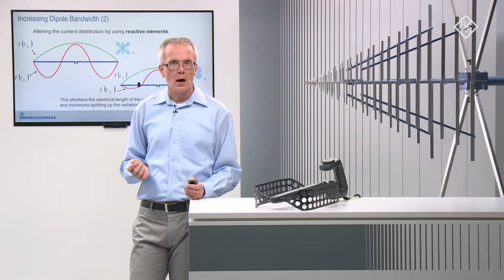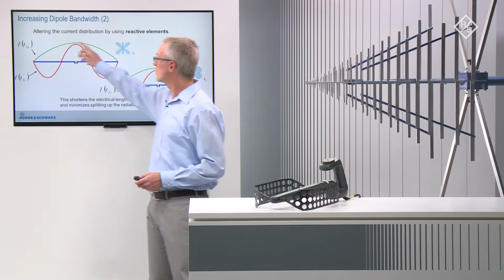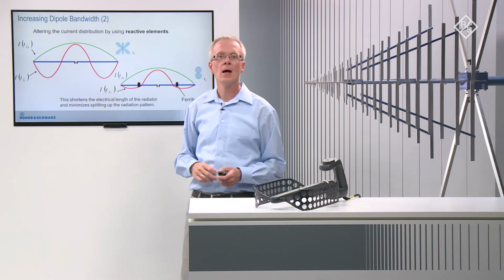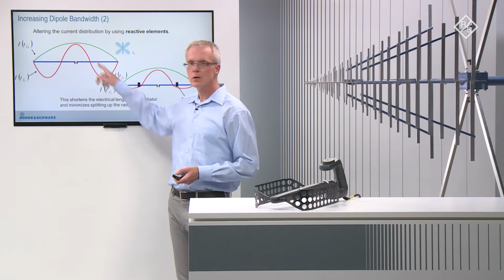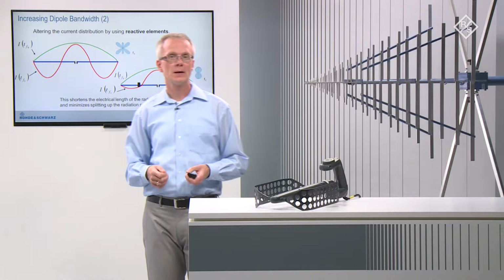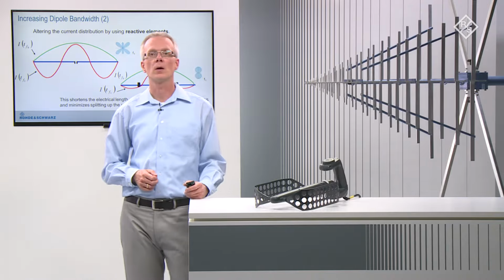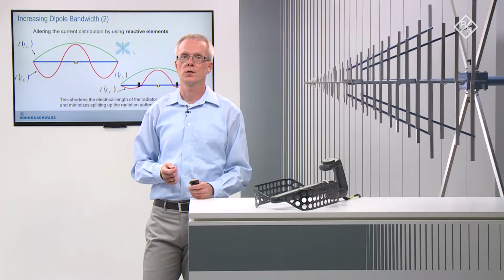While there is only half a sine wave present at resonance frequency f0, shown in green, at f1, which equals 3 times f0, 3/2 of a sine wave are present on the dipole and cause the radiation pattern to split up, as discussed before. This can be avoided by altering the current distribution on the dipole.